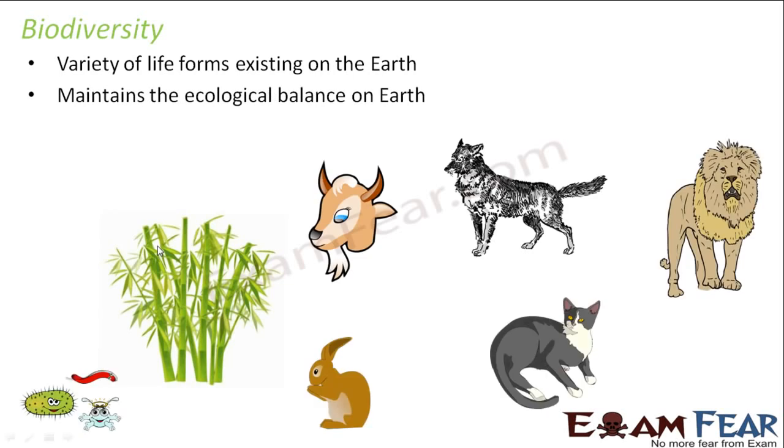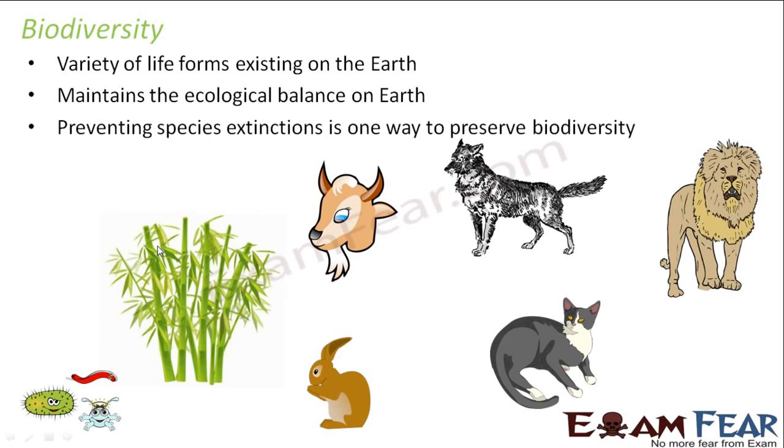To maintain ecological balance on earth, because each of the living organisms existing on this earth depends on one another for their survival, and that is why it is very important to preserve biodiversity. And how can we preserve biodiversity? By preventing species extinction. We should try to preserve as many varieties of life as possible. We should not let species become extinct.